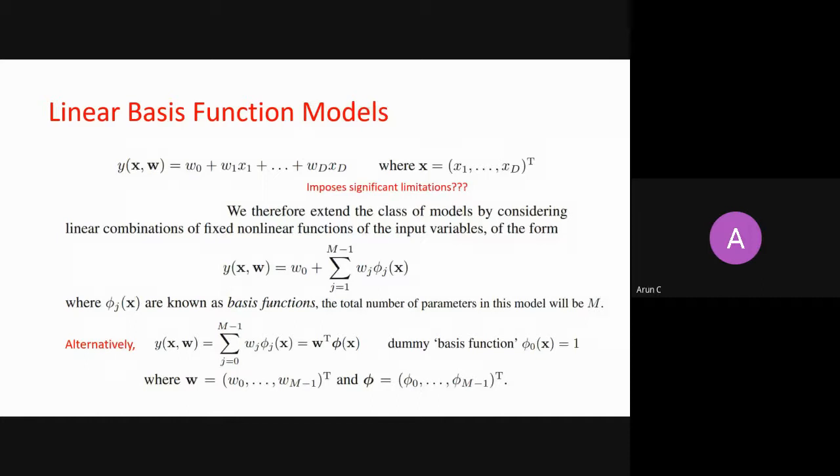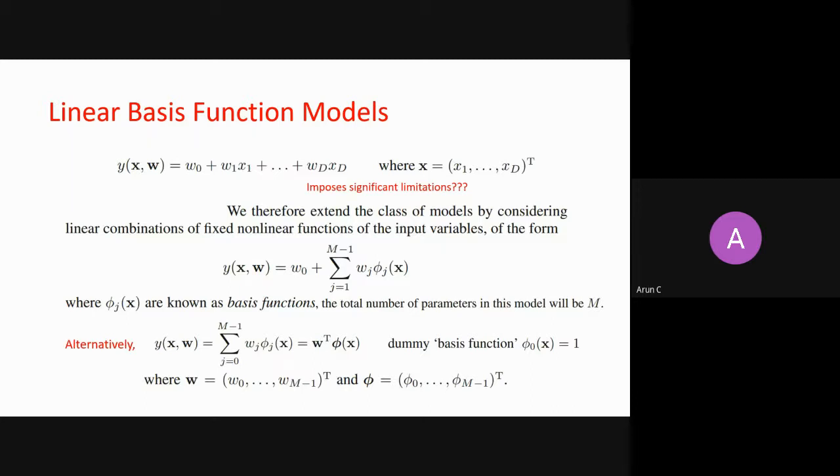So the advantage of basis functions is that they project your d dimension data into m dimension, where the data can be linearly separable. And if the data is linearly separable, you can find a hyperplane, right? You always generalize a hyperplane as a line in 2 dimensions and a plane in 3 dimensions, and you generalize it for higher dimensions.